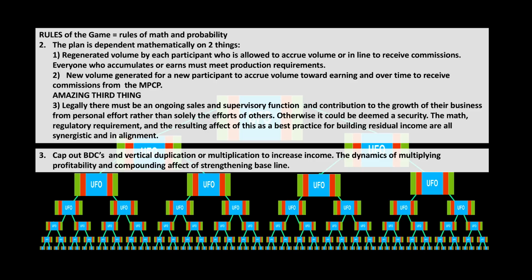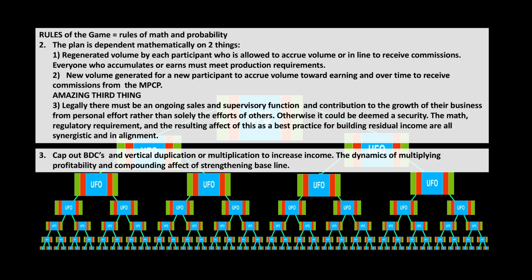So the plan is dependent mathematically on two things, very important. Regenerated volume by each participant who is allowed to accrue volume or is in line to receive commissions. Everyone who accumulates or earns must meet production requirements themselves.